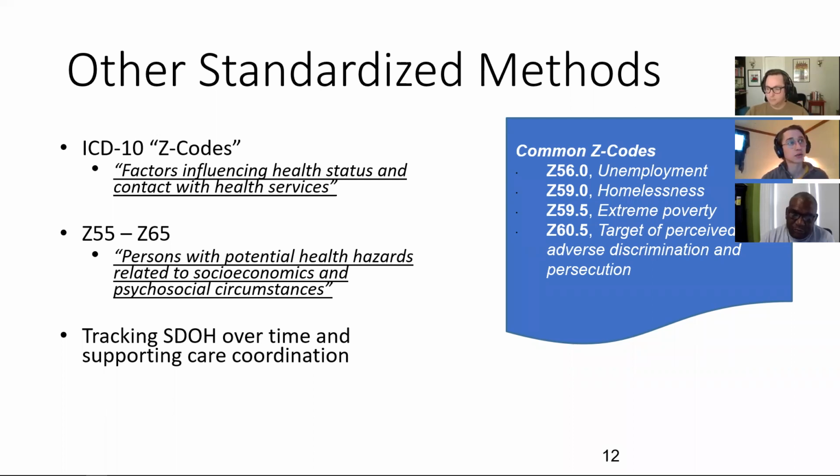So specific Z codes, which are from Z55 to Z65, are looking at persons with potential health hazards related to socioeconomics and psychosocial circumstances. So if used correctly and consistently, diagnostic coding like Z codes can provide a more comprehensive representation to clinicians and non-clinicians who utilize charts with information beyond the traditional clinical types of information, which can be a really useful tool to track social history, to track also population health across organizations.